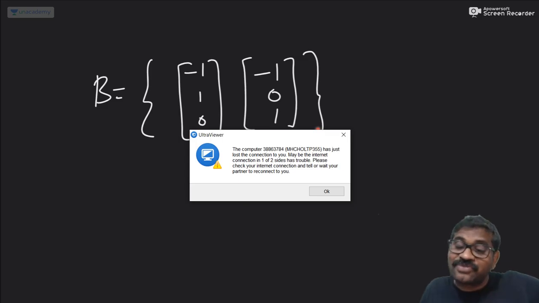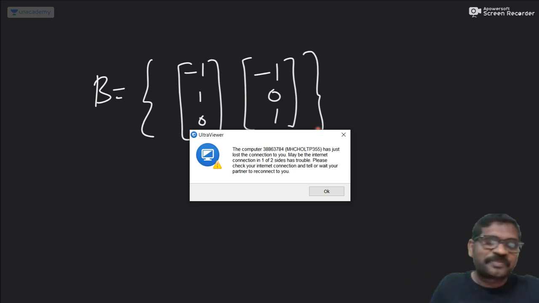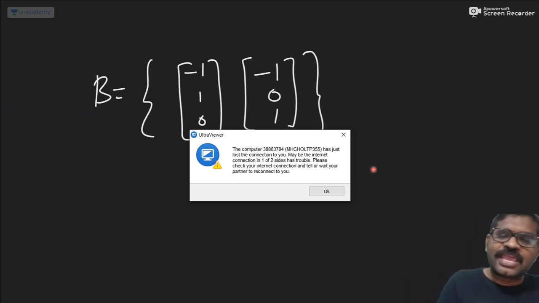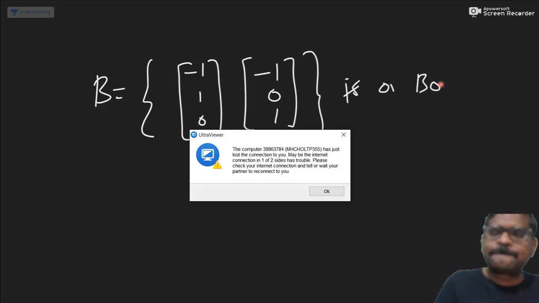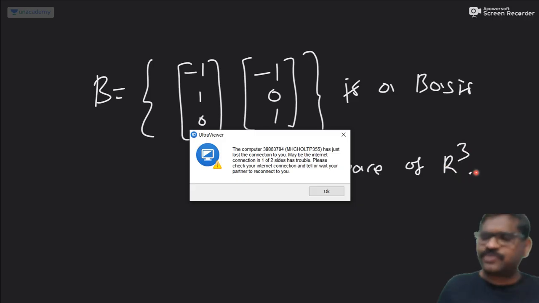If the dimension of the vector space is 3, your basis must contain 3 independent vectors. But your basis does not contain 3 independent vectors. That's why you have to write B is a basis for a subspace of the vector space R3.